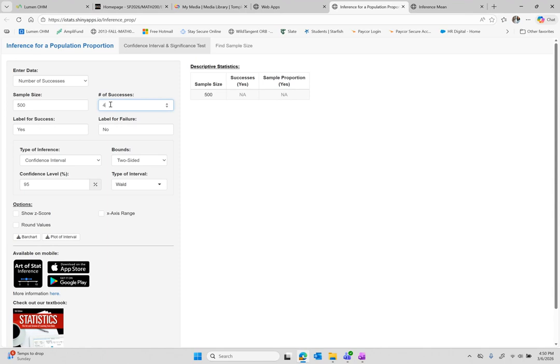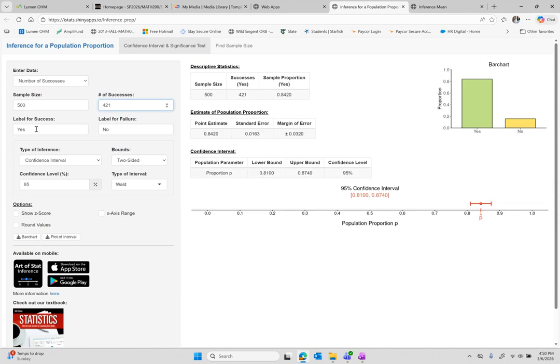The number of successes was 421. The label for success is yes, or we can also call it cell phone. And the label for failure will be no cell phone. We are looking for a confidence interval that is two-sided at a 95% confidence level.